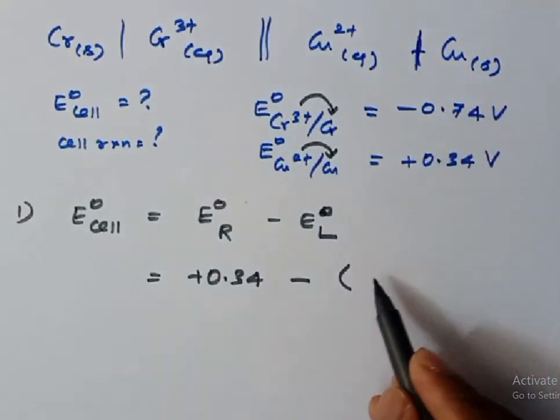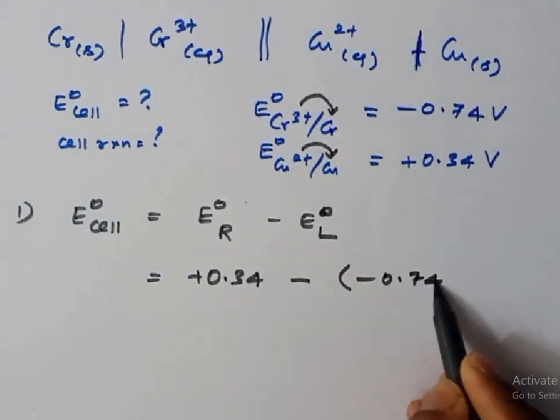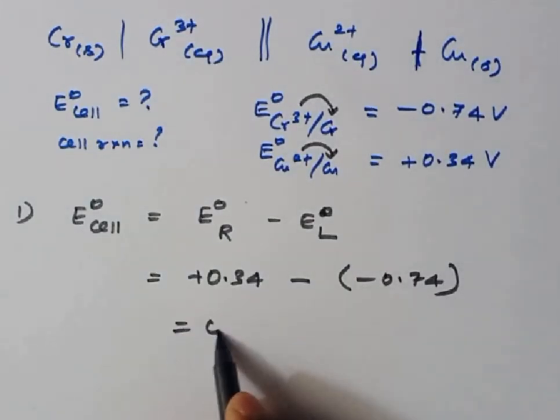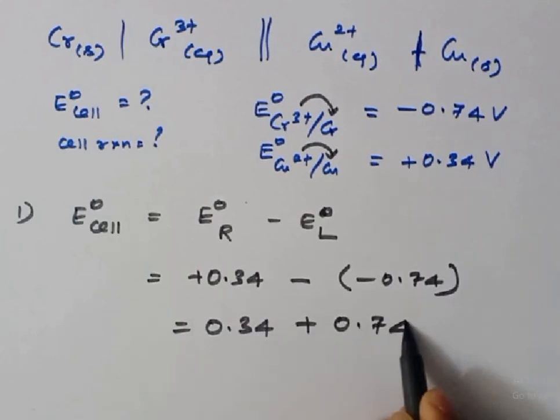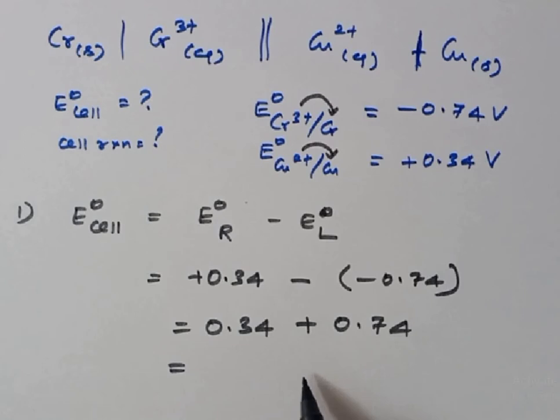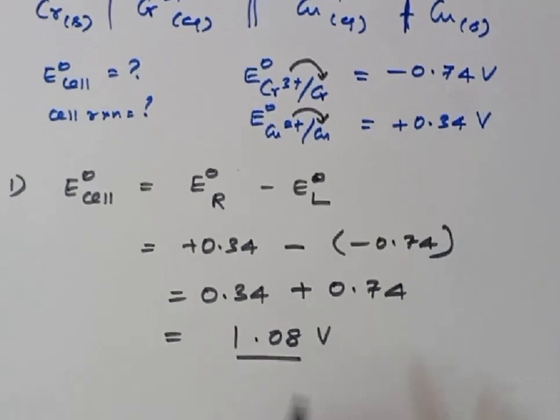So this potential is given, minus 0.74 volt. So what's the value? 0.34 plus 0.74. Yes, what's the value, students? 1.08 volt. This is the standard cell potential available from this cell.